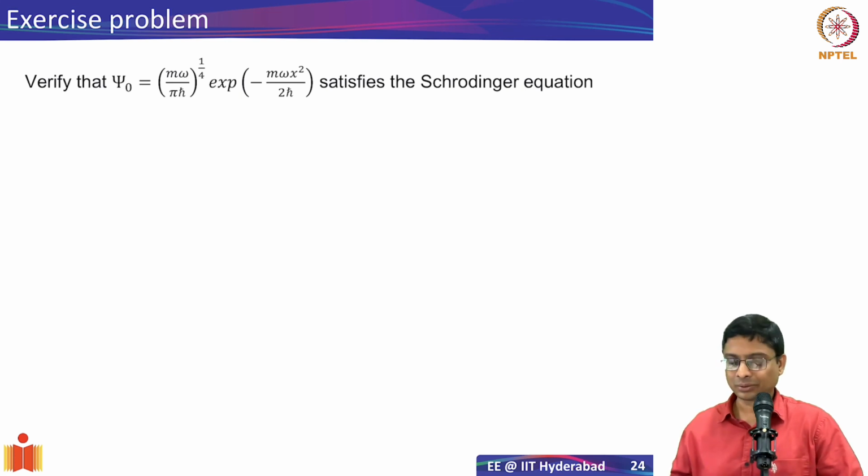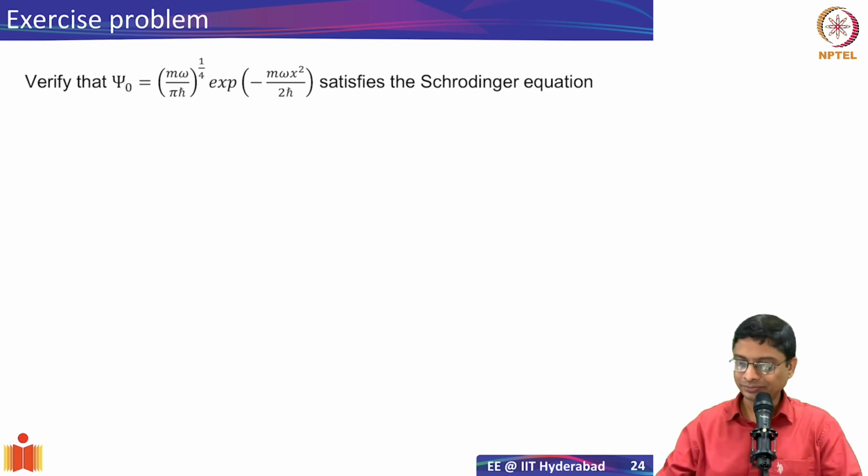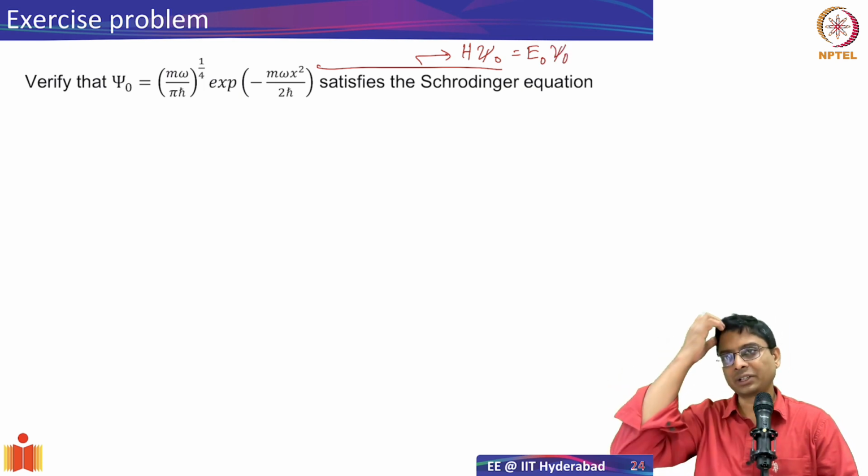Satisfying the Schrodinger wave equation essentially means that H acting on psi, or in this case psi naught, should give you E naught psi naught, where E naught is the energy eigenvalue of the ground state.